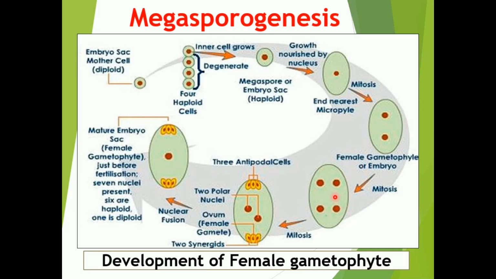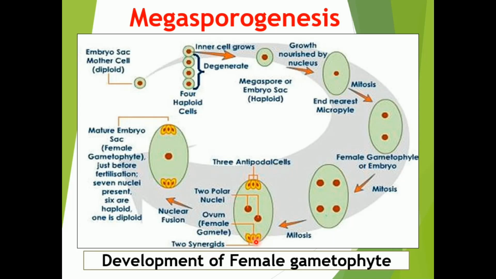Out of these, one from each side comes into the center region, and they form the secondary nucleus, the two polar nuclei at the center. The remaining ones go, one to the antipodal side and the other toward the micropyle end, and divide again. They form three antipodal cells, and at the micropylar end a single large cell is the egg cell and the remaining two, located laterally, are the synergids.